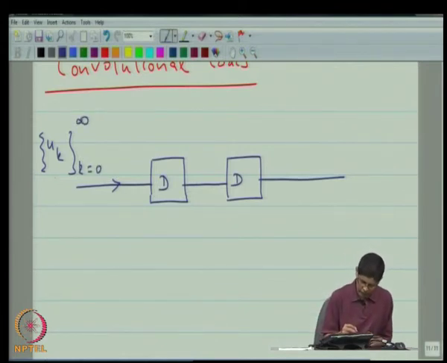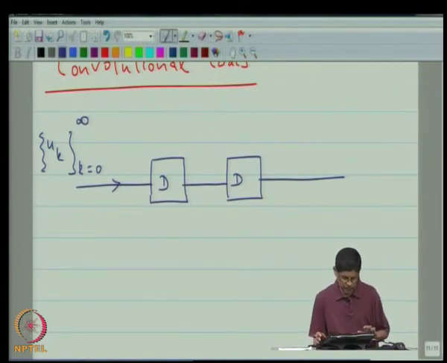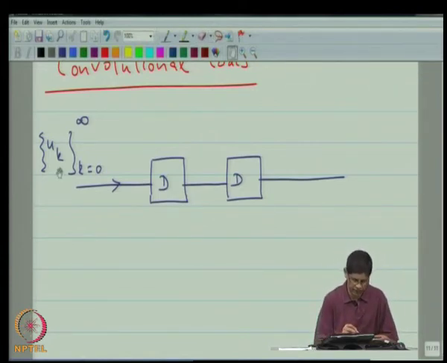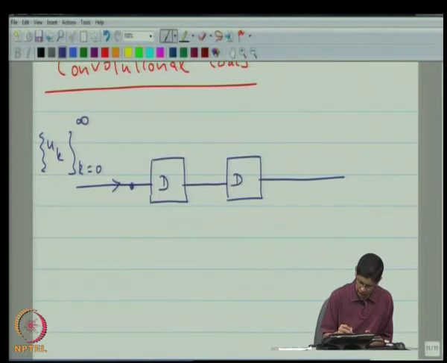So this is a stream. Let me do the writing later. I don't want to clutter the diagram. This is the input. There is a single stream of binary digits here, and at the output there are going to be two streams of binary digits, and these are generated as follows.